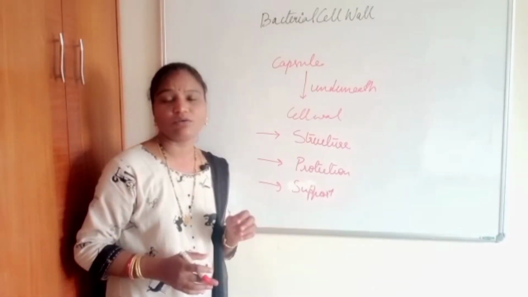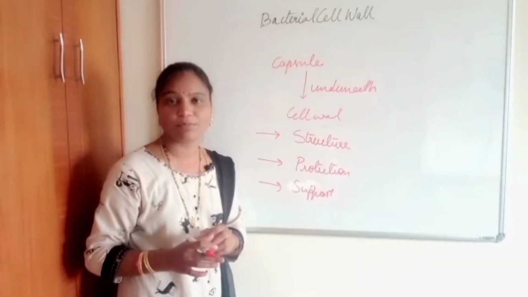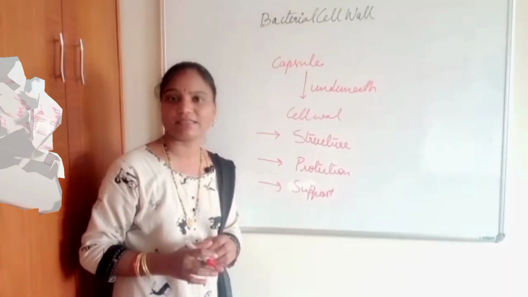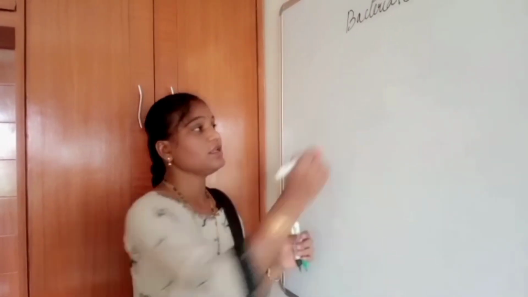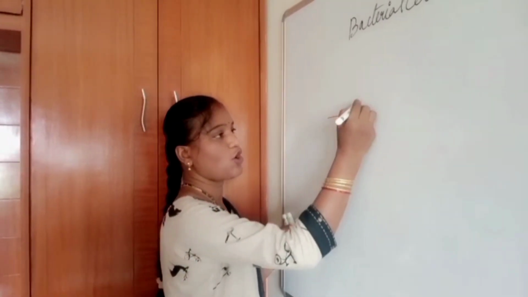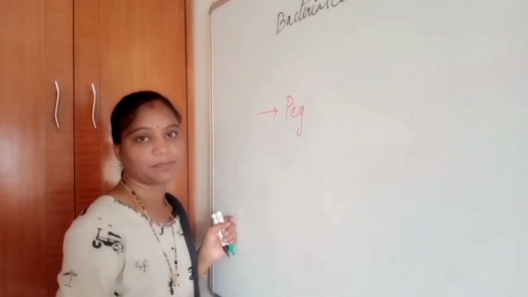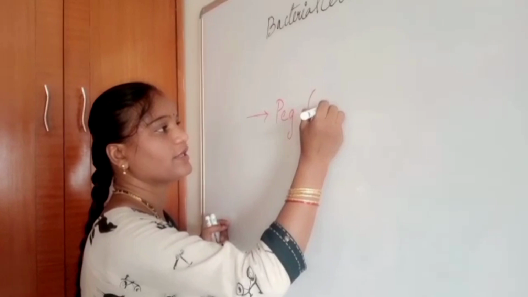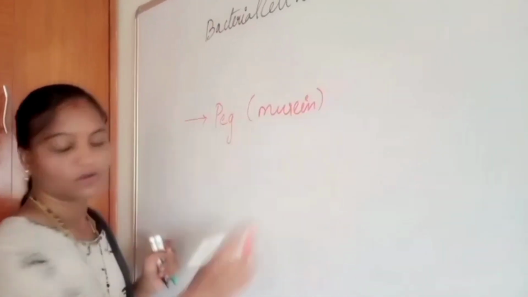Now let us discuss the composition and the components that are present in your bacterial cell wall. Coming to the chemical components, it is composed of PEG. PEG stands for peptidoglycan layer, or else it is known as murein layer.